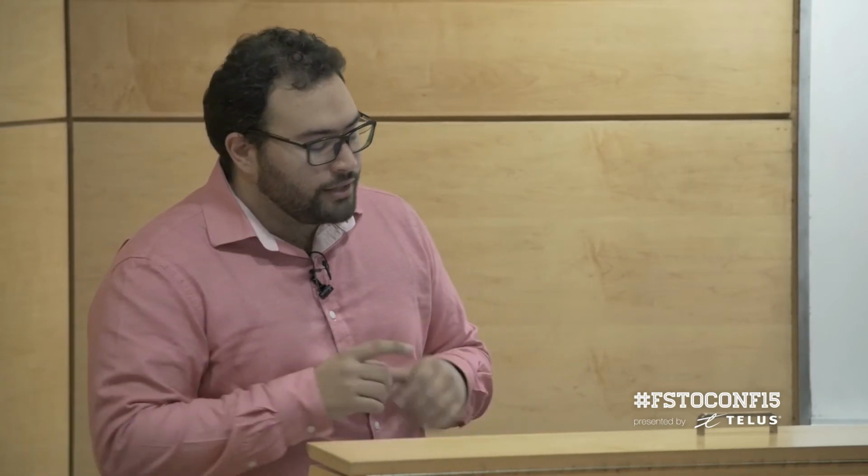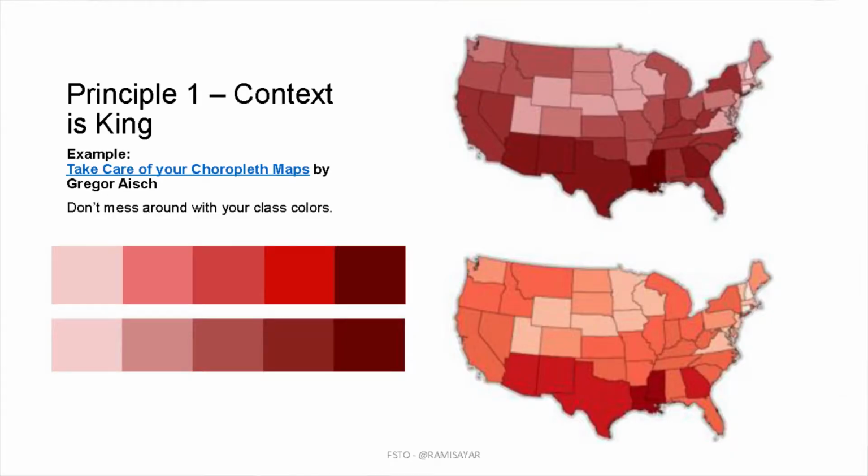And the other thing that you want to note is that just using different colors will also change the context. So here are two examples, two color schemes. Just raise your hand if you feel that you can differentiate between the poorer states and the less poor states better in this graph up here than in this one. So if you think this one is more clear, raise your hand.